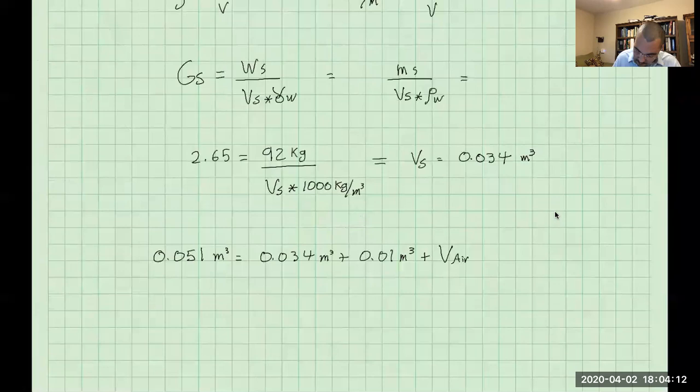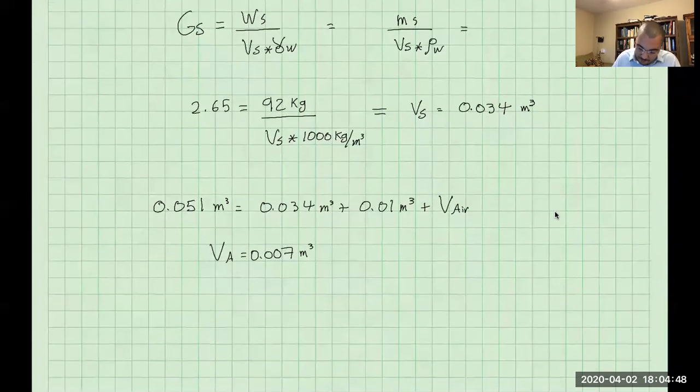Now, the volume of air is going to be equal to 0.007 cubic meters.